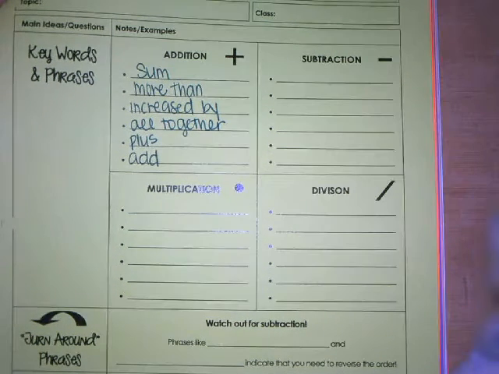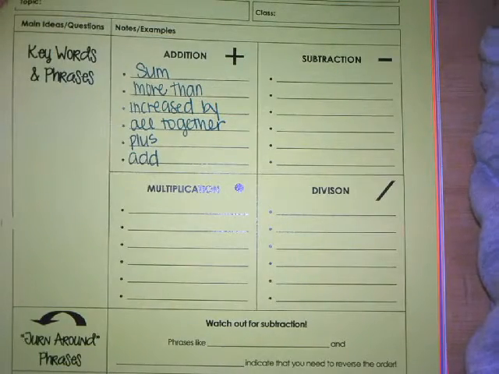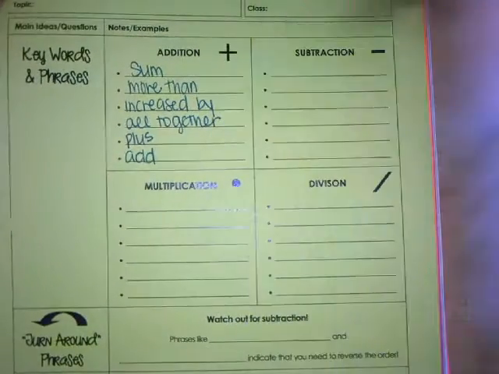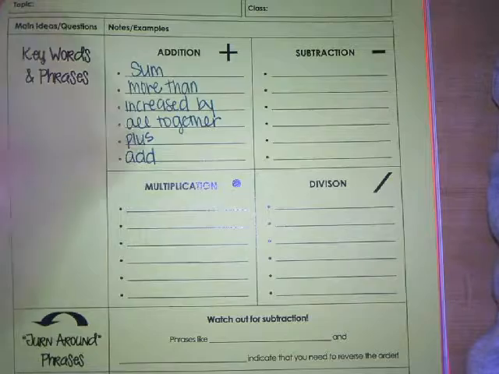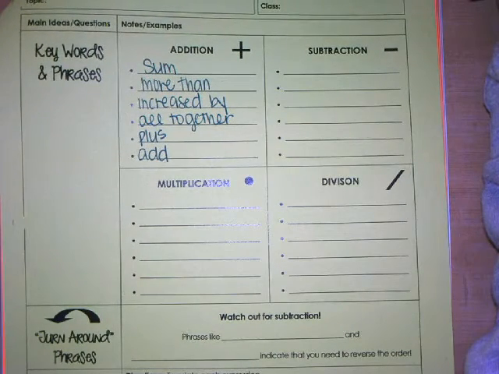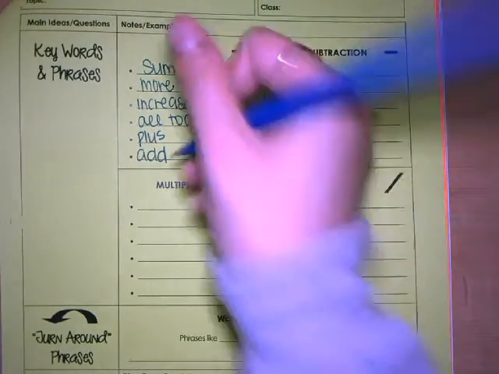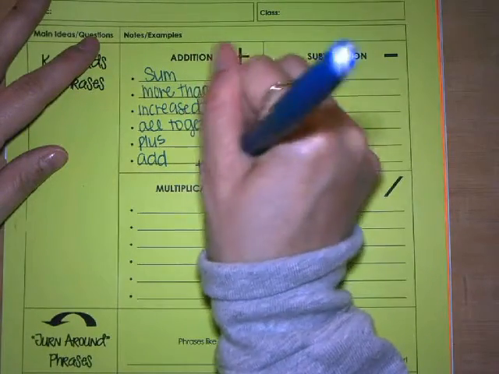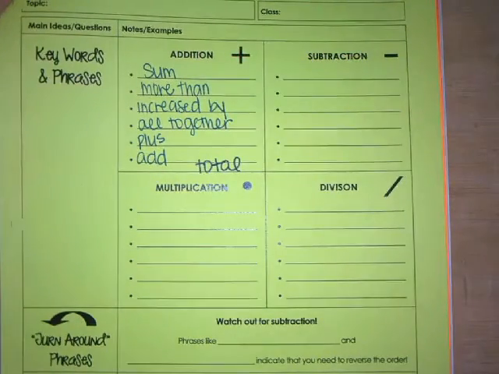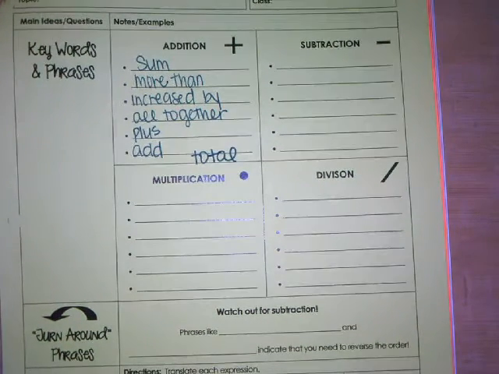I have one more. Which one am I missing? All together. What about total? Do you see that word total? So any of those words, if you see them, you know that they mean to add, right?